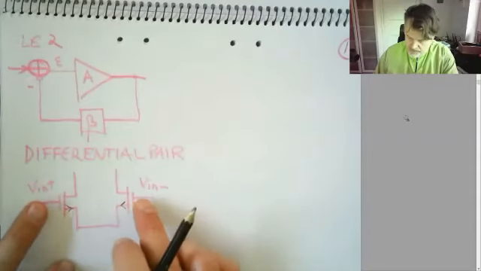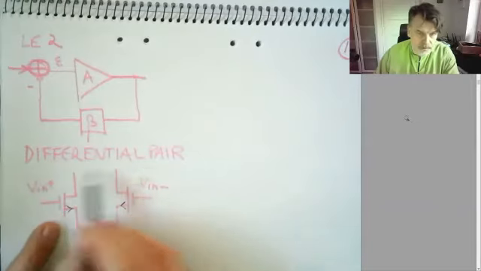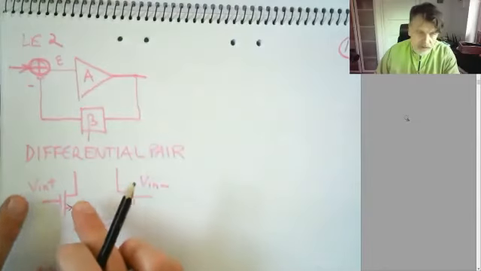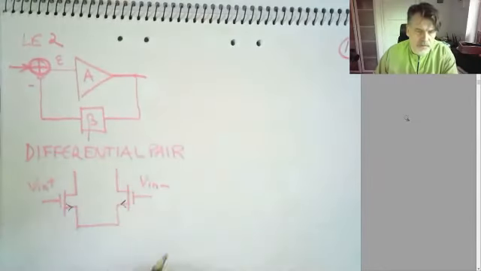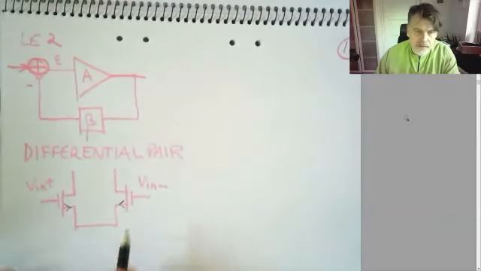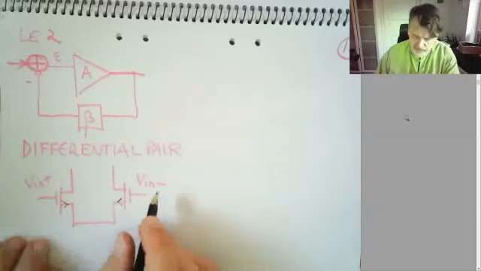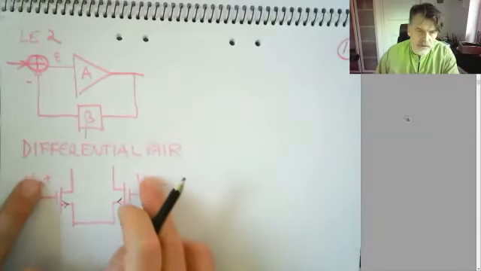However, if I just assume that I want a differential pair, I just sort of double the branches. So I could take a positive branch and a negative branch and somehow mix them together and compare them. That wouldn't really help me because I'm not suppressing this common mode signal.